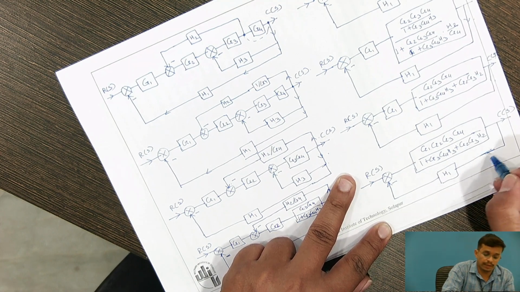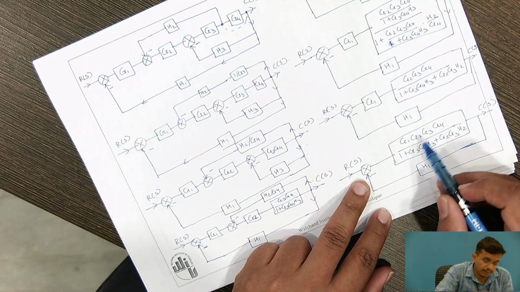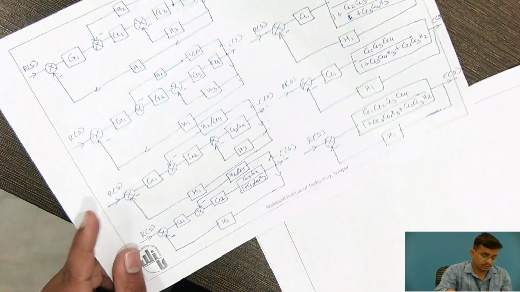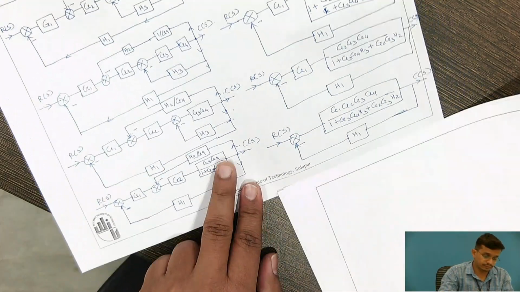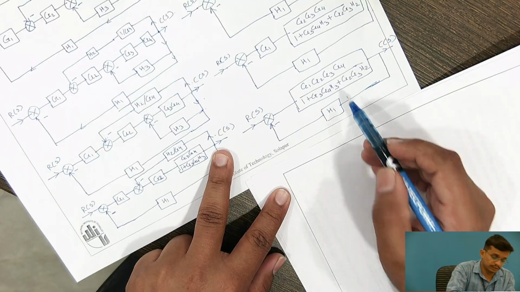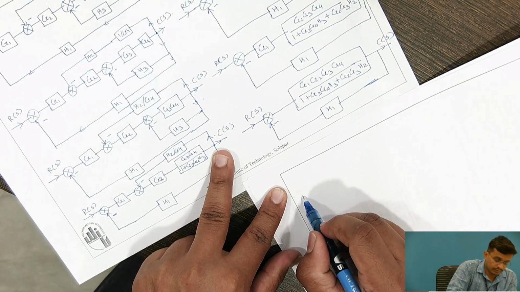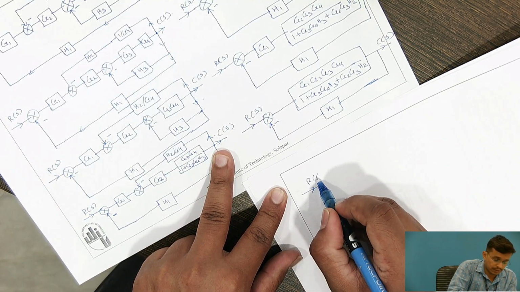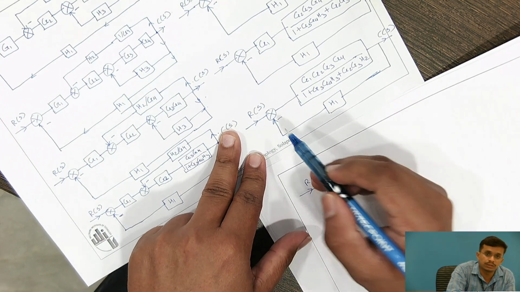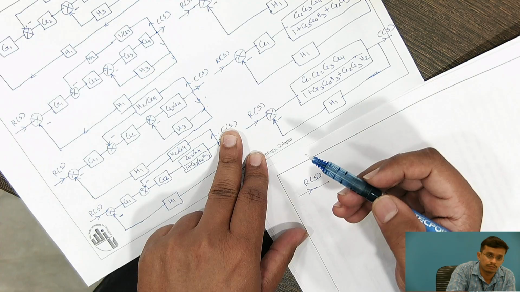Now we need to apply a feedback loop again here. It will be R of S, that is the control signal. This is a negative sign, so we need to consider a positive sign in our formula.